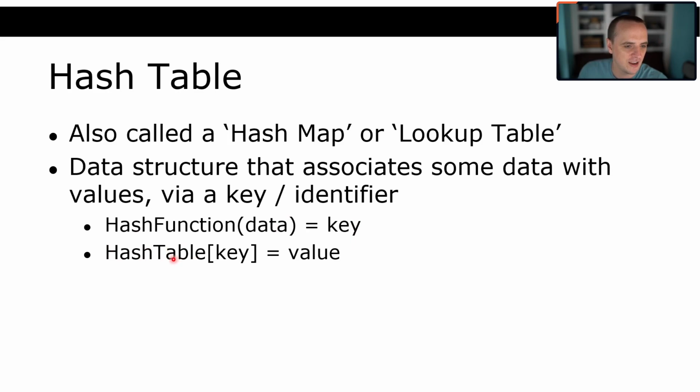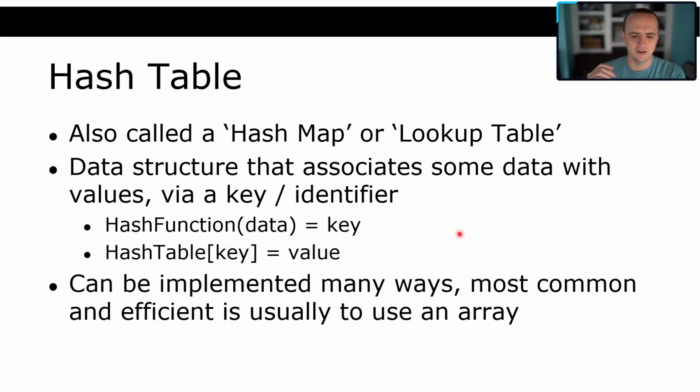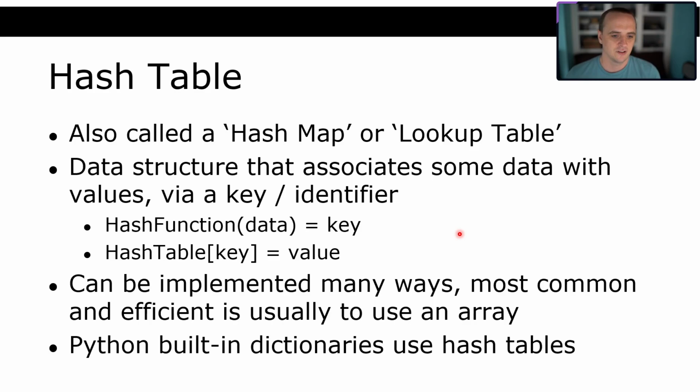And then in our hash table, we look up the key as the index, and that gives us the value. That can be implemented in many, many ways, but the most efficient and the most common is usually just using an array. And Python's built-in dictionaries use hash tables, by the way, if you were curious how they work.